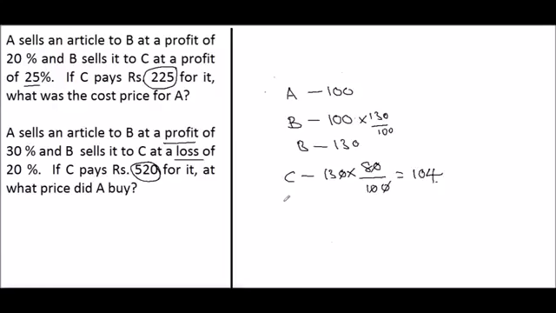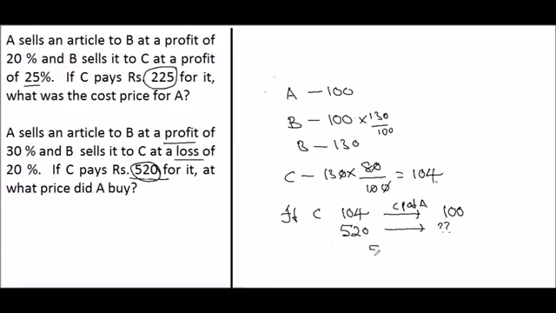Now the question is, if C pays 520, at what price did A buy? Now the unitary equation is, if C pays 104, then cost price of A is equal to 100 rupees. In the given question, they have given 520. If C pays 520, what should be the cost price of A?